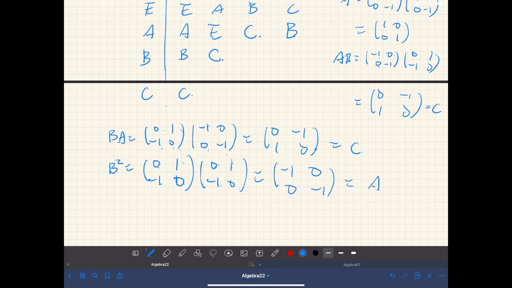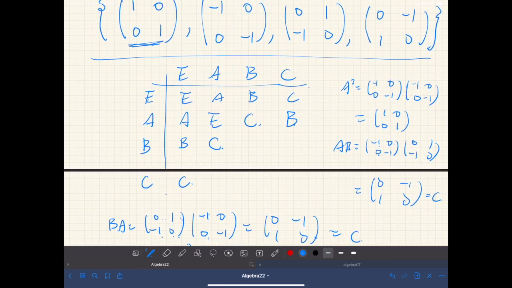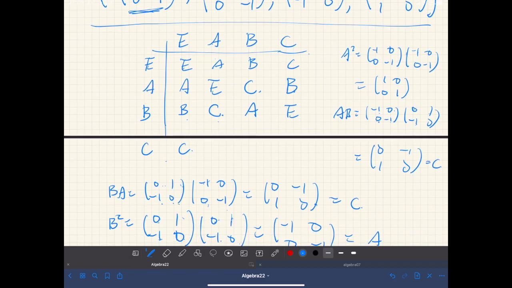So that's A. So B squared is A. And BC should be E then. And A, so this should be B, and A, B, C, this should be E. And this should be A.